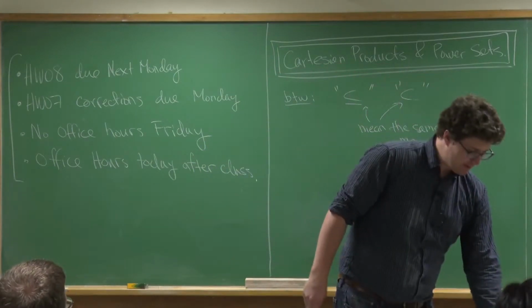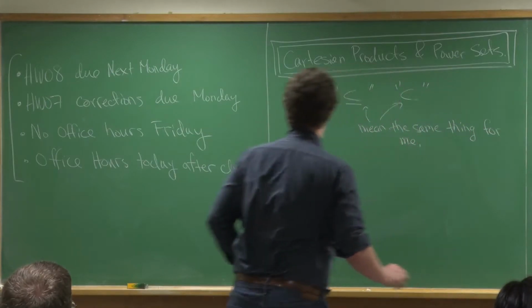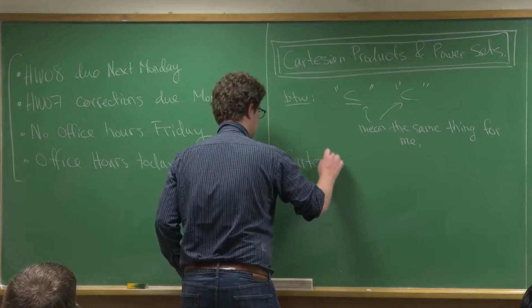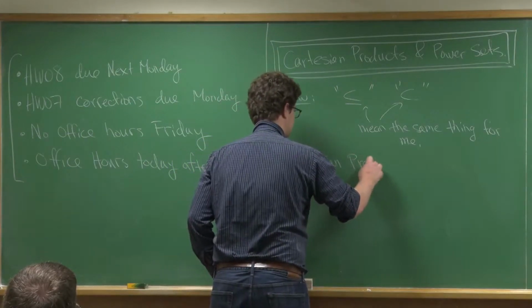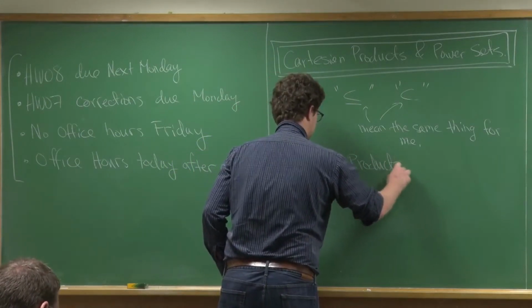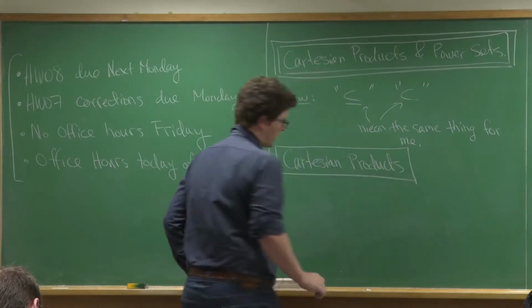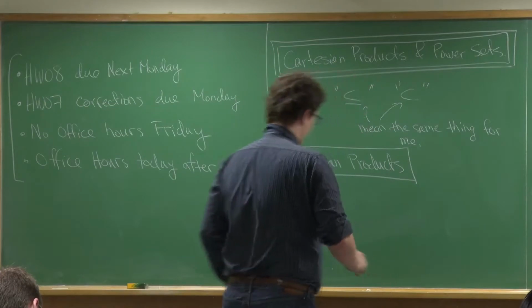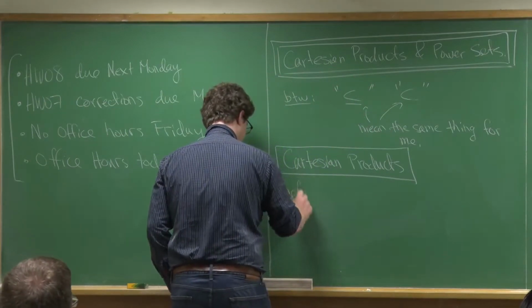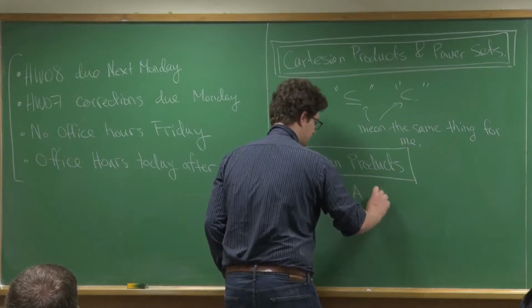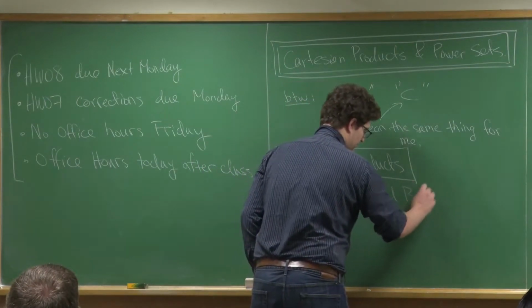All right, so let's start with Cartesian products. Let me give you the definition. Let A and B be sets.